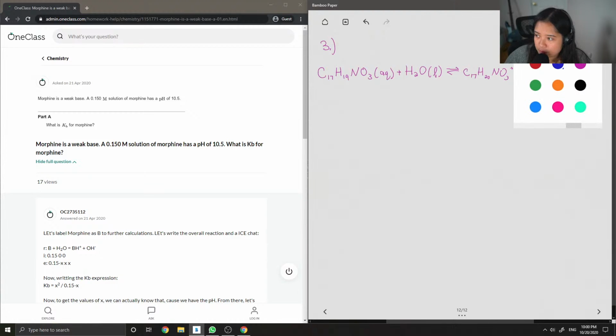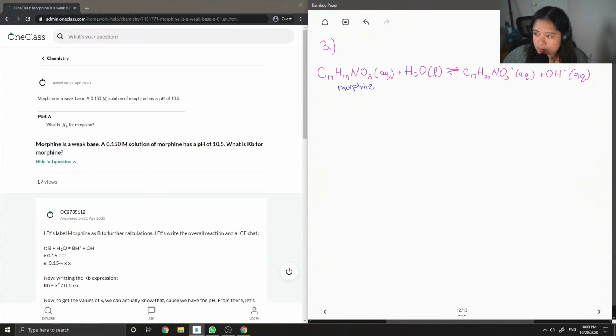Okay, so I have morphine right here. Then it reacts with water. The morphine gets protonated.